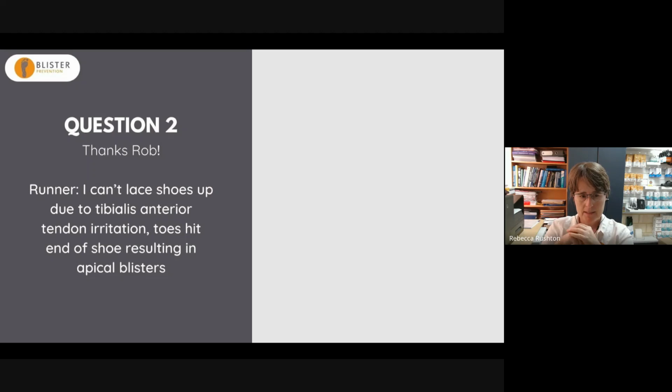And tibialis anterior tendon irritation is a good reason to not be able to do the laces up right up towards the front of the ankle, because of course the more we do them up that high, the more we can keep the heel at the back and the toes out of the end.